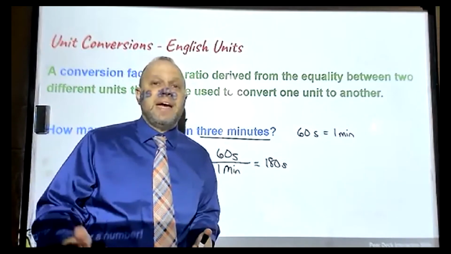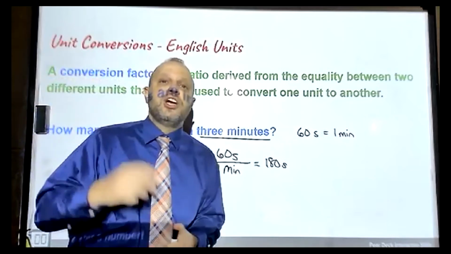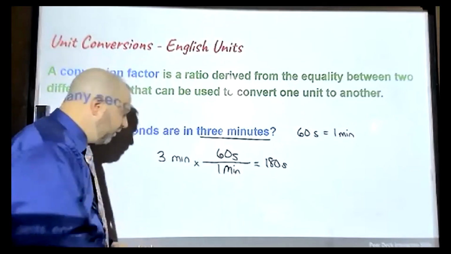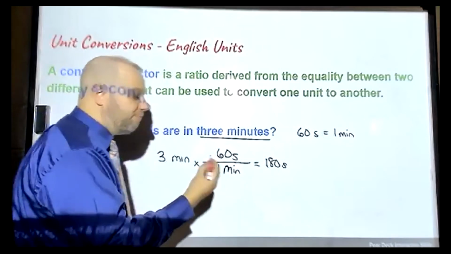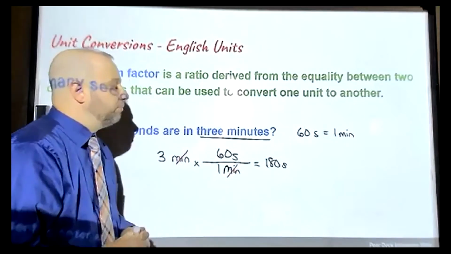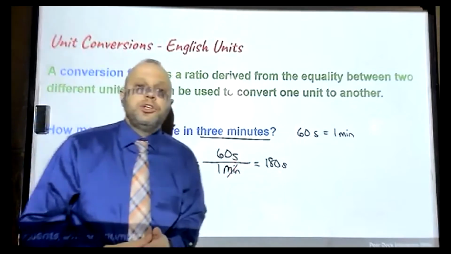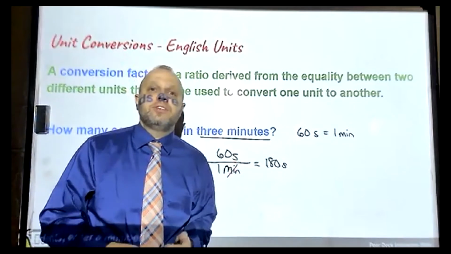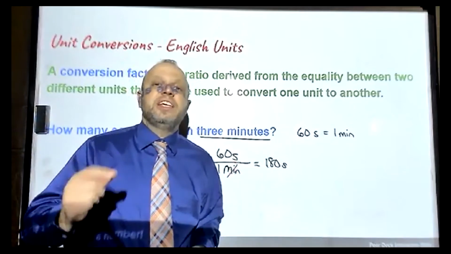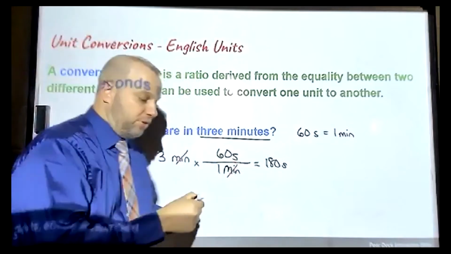Notice and remember from math, when you have something that is on the top and the bottom of a fraction, you're going to cross that out. So in this case, my unit of minutes here and here drops out. So I'm left with a unit of seconds. When you are setting up these equivalencies, what you want to do is put the unit that you want to go to on the top of the fraction.